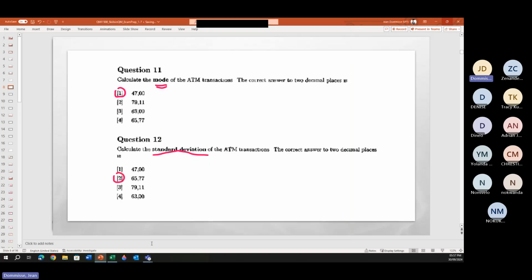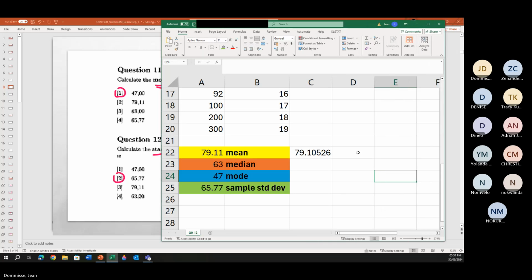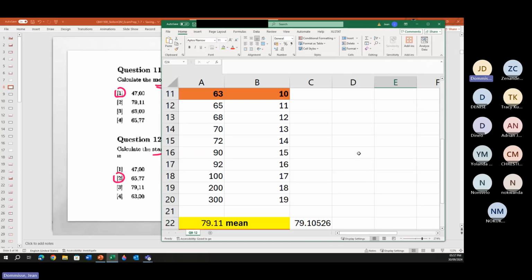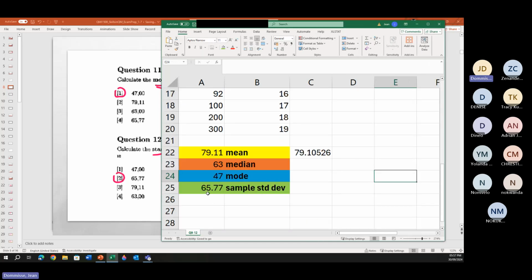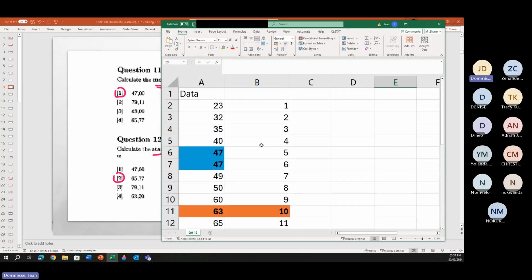Okay, so again, I'm showing the Excel component because if we now needed to do the standard deviation for this amount of data, you would have needed to first work out the variance.